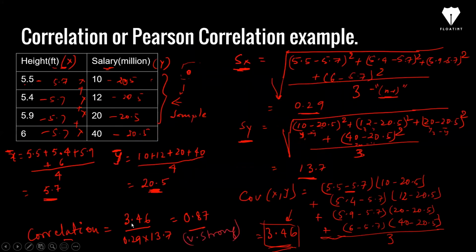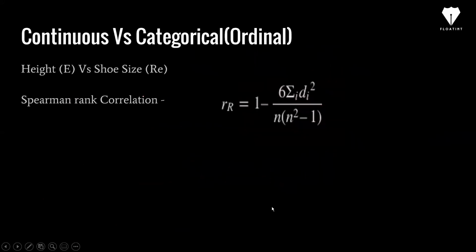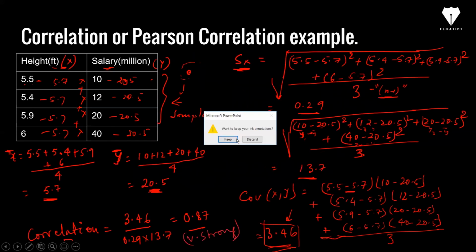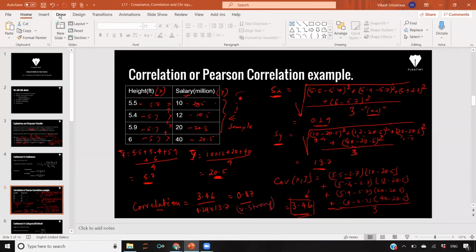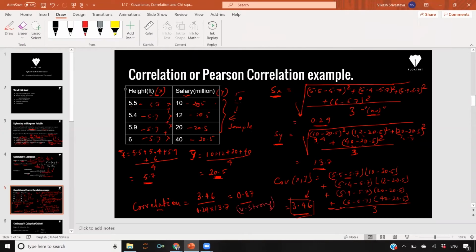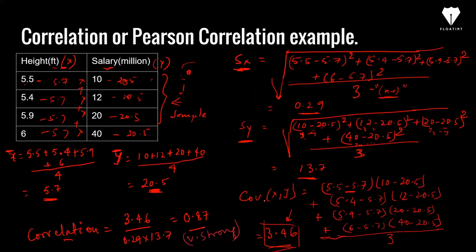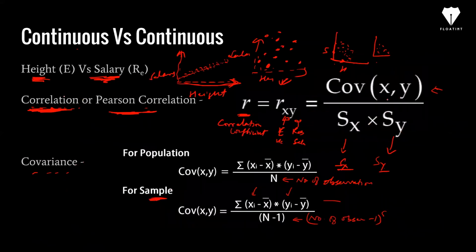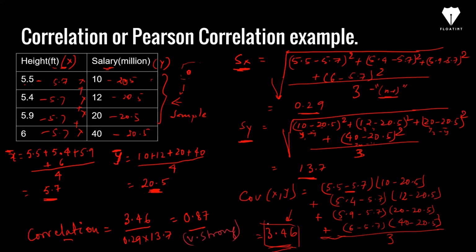Here the covariance of x and y is 3.46, which I divided by 0.29, the x value, and then by 13.7. So finally you will get this number, 0.87.